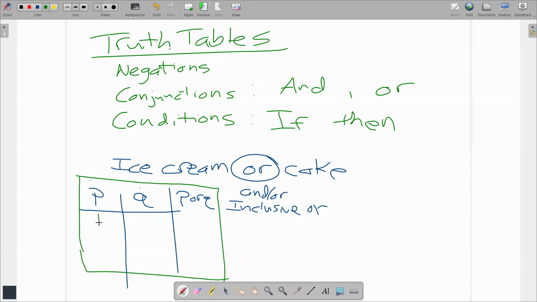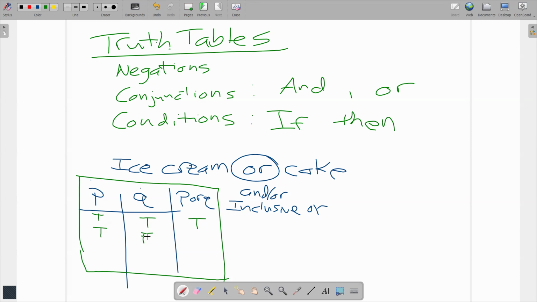So let's say it's true you get ice cream. And it's true that you get cake. Is it true that you got ice cream or cake? Yeah, definitely true. True for P, false for Q. And again, it might not be ice cream or cake.